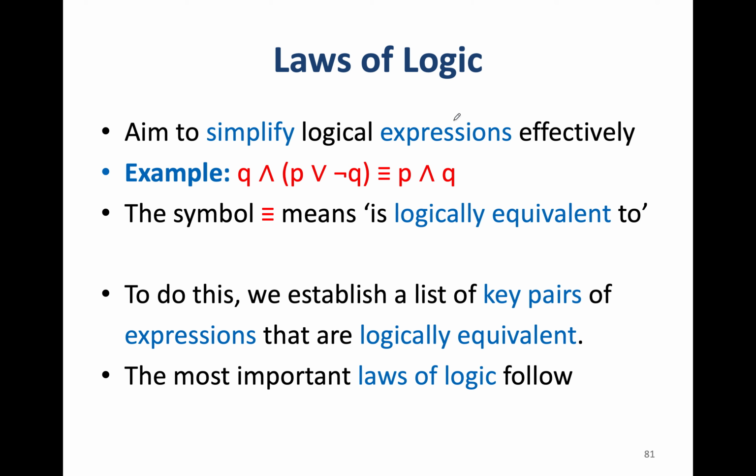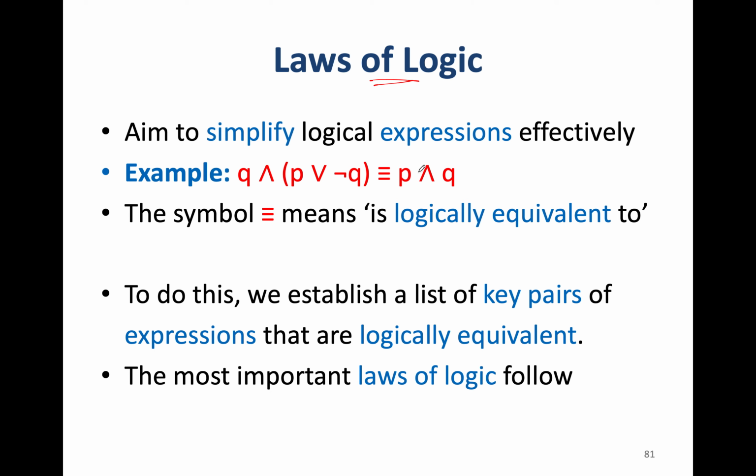How can we do so? We can use laws of logic to simplify the logical expression. What we did earlier was use the truth table to show that this complicated expression is logically equivalent to that.